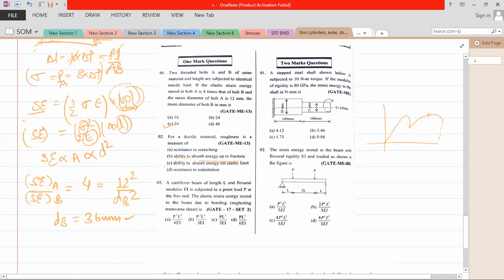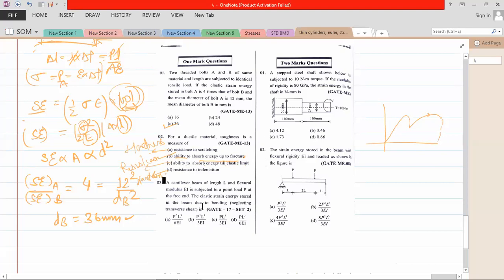Resistance to scratching is called hardness, and ability to absorb energy up to fracture is called toughness. Ability to absorb energy up to the elastic limit is called resilience, and resistance to indentation is also called hardness. Both the things are given.